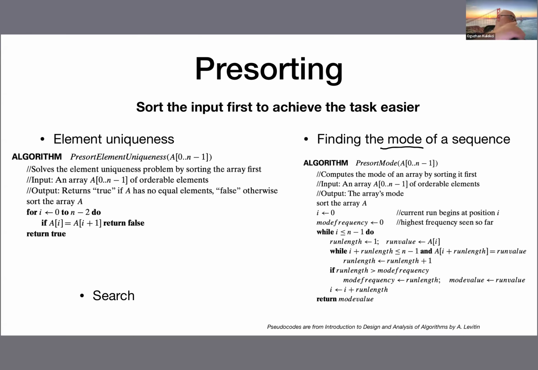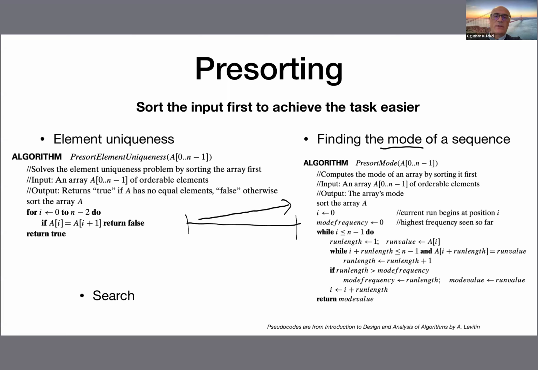So the second way you can do is, first, let me just sort the sequence. Once I sort the sequence, I know that all the elements are in order, right? And I'm looking for the mode of the sequence.